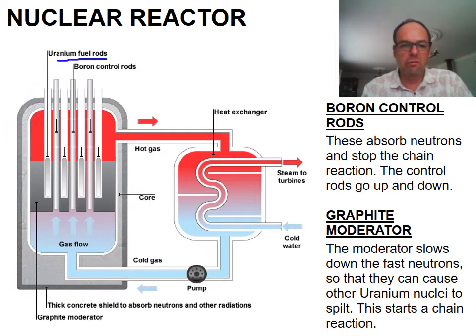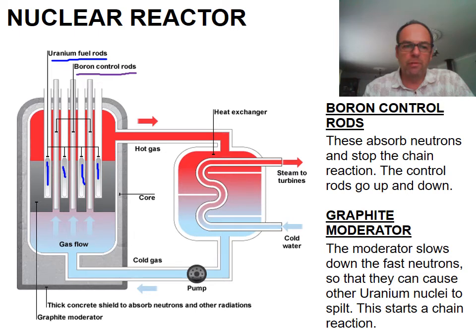Firstly, the uranium fuel. So we've got in here rods, here, here, and here, which is uranium-235. We call it enriched uranium because only uranium-235 will work in a nuclear reactor. We also have control rods.